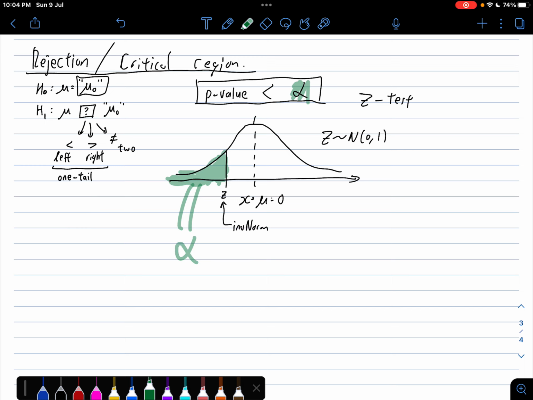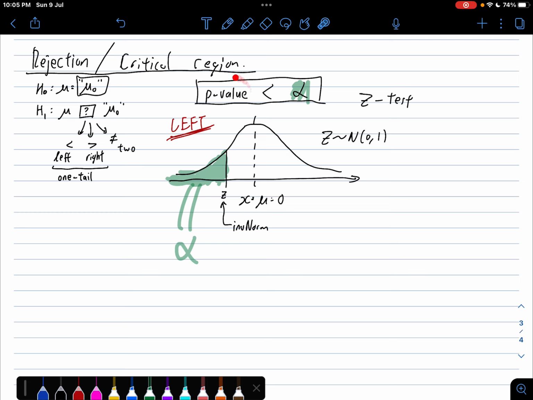Then in order for p-value to be less than alpha, let's say we are doing a left tail test. Sorry, I should have started by saying it's a left tail test before I started shading the alpha. Because we're doing a left tail test, your alpha represents an area in the left tail of the graph that equals alpha.